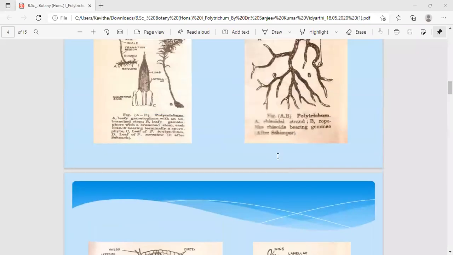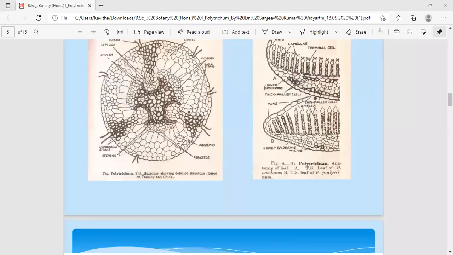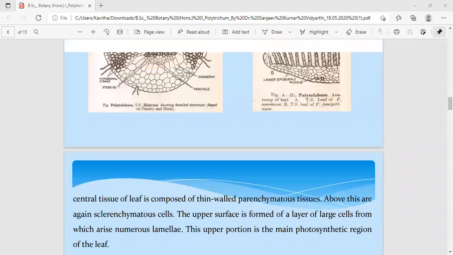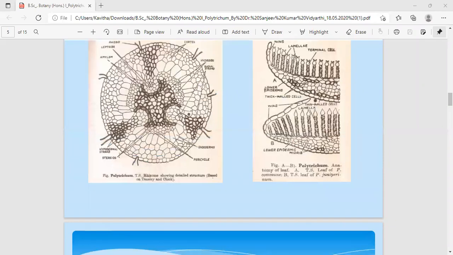Next, above this sclerenchymatous tissue, you can see the presence of thin-walled parenchymatous cells, which are arranged in the form of lamellae, or in the form of linear strands.